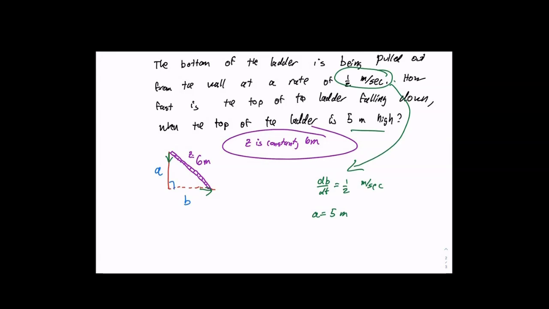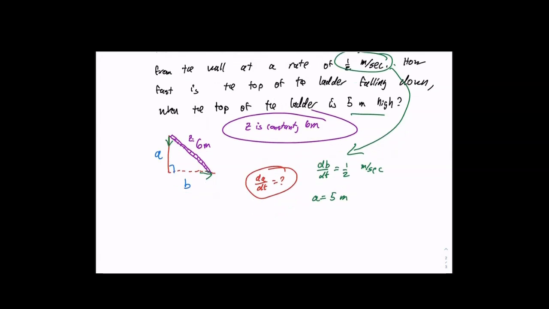Anybody else on this one? So what is it asking me for? First off, it's a rate. So which rate would it be? Would it be dA/dt? Correct. So it's asking me for dA/dt.